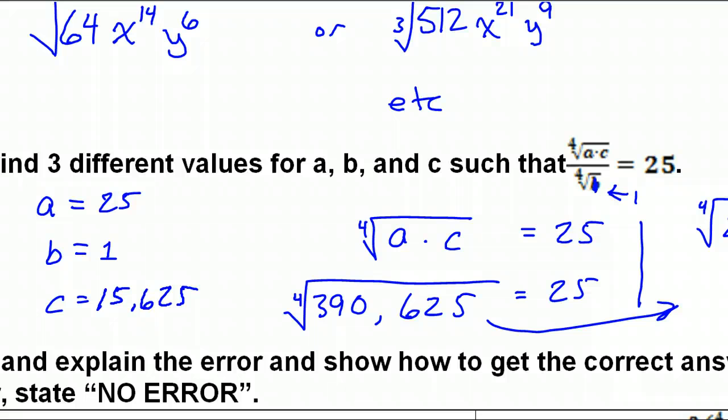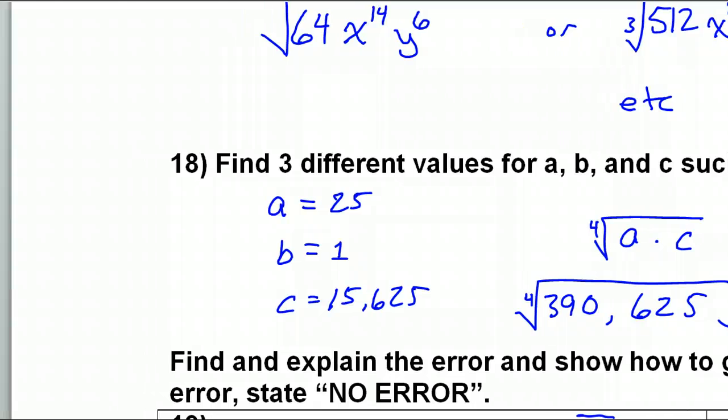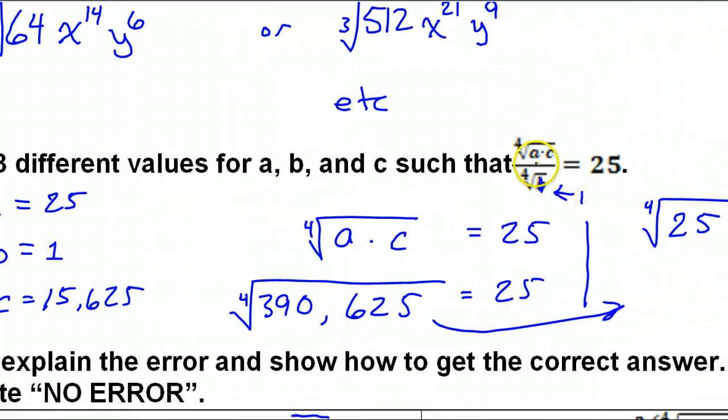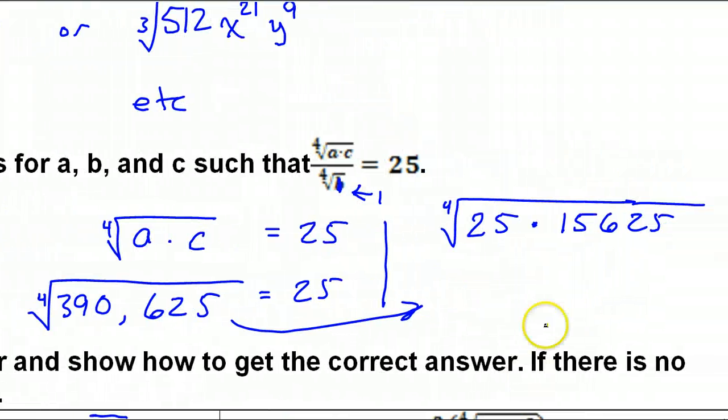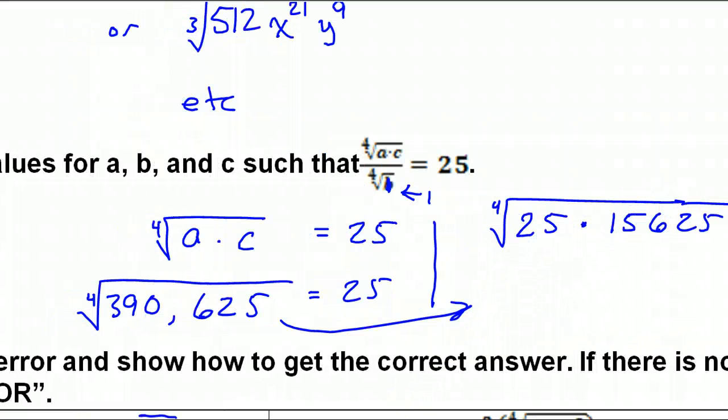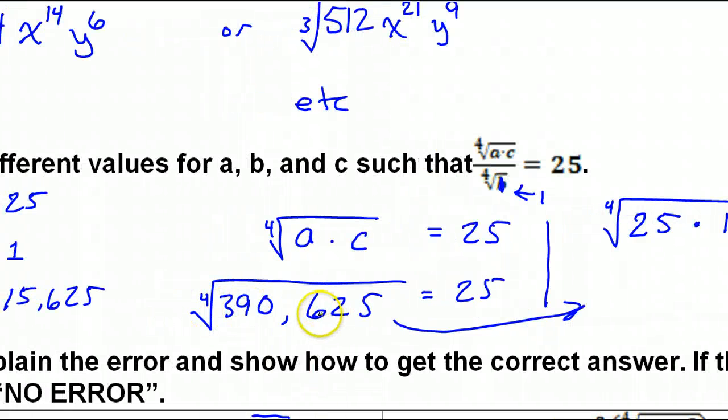If we had that in this expression, you can just see what would happen. If I did the fourth root of this, putting in my A and my C, I would get this number.